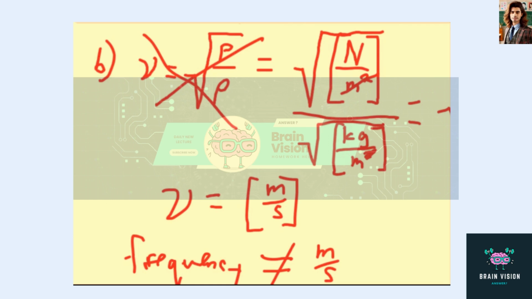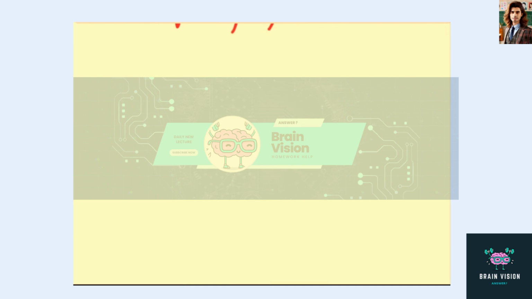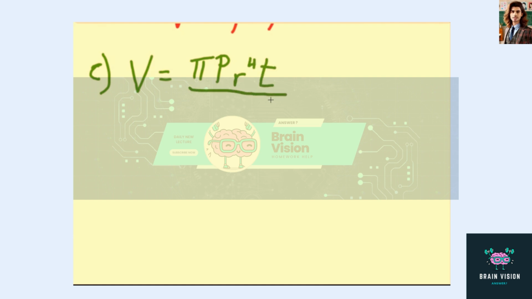Moving on to part C, we have our third equation, which is V for volume equals pi P r to the fourth t over 8 eta L. This curly n thing is actually eta.